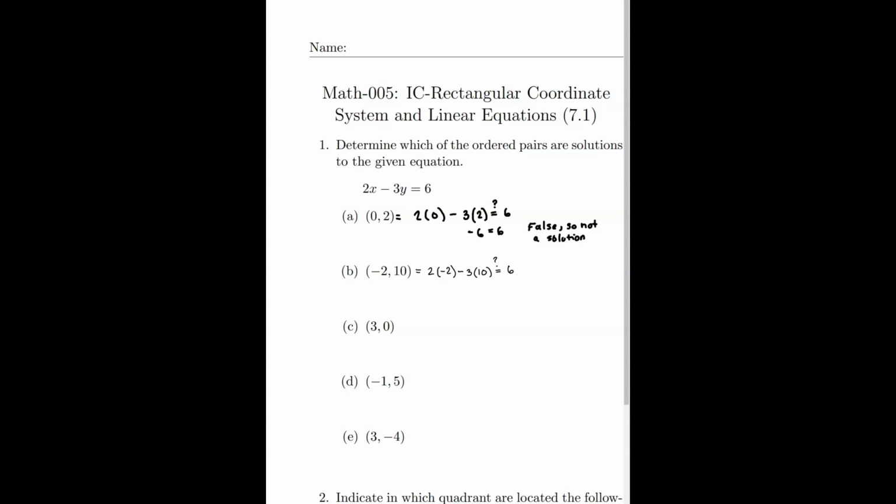Because this is a positive number and you can't suddenly make it positive when it's already negative. So I'm just going to run through it quick. This is going to be a negative 4, and this is going to be a negative 30. That's going to give us a negative 34, which is clearly not equal to 6. And I should put a slash through this. So it's clear that this is also a false statement. So not a solution.